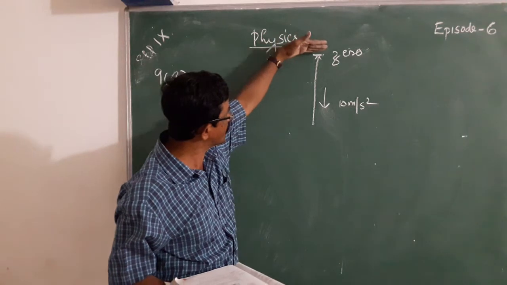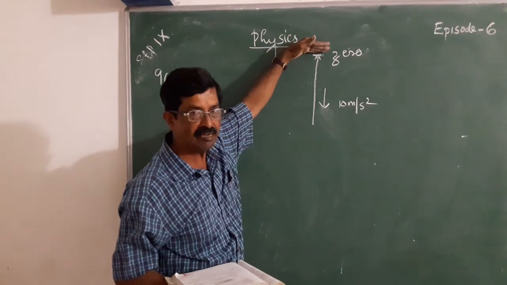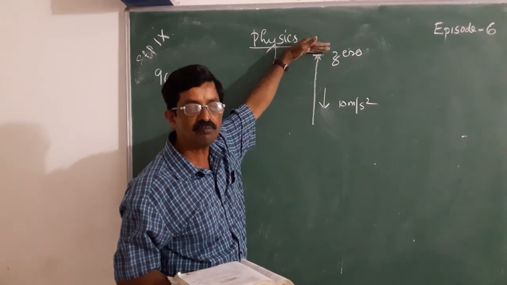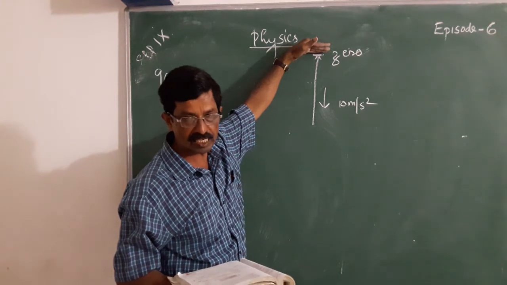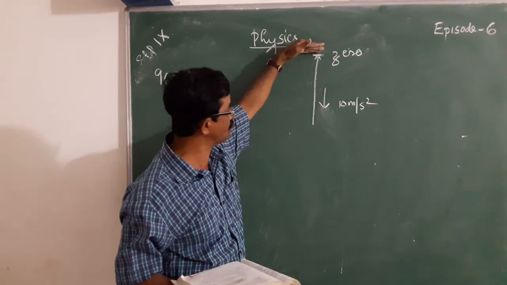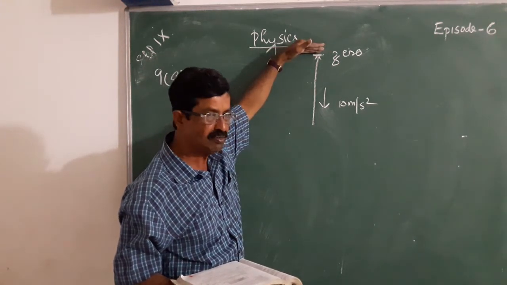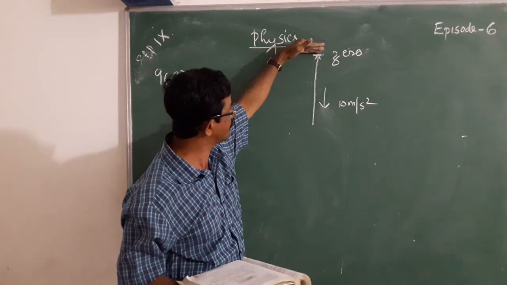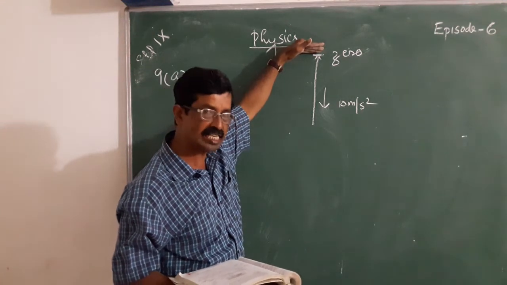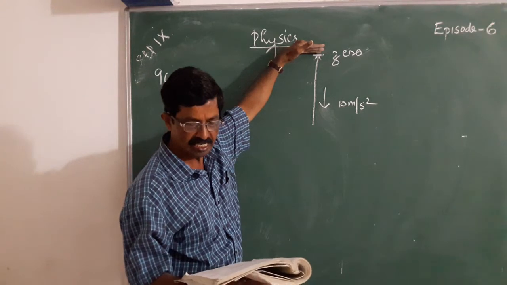When the stone reaches the maximum height, the velocity becomes 0, but still there is acceleration. At the topmost point there is acceleration but velocity is 0.